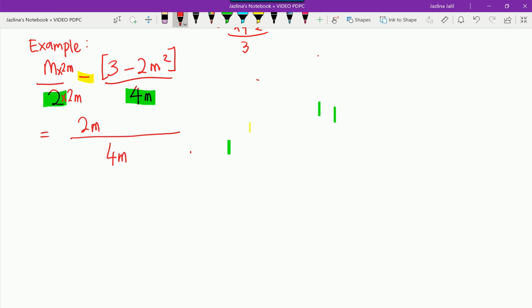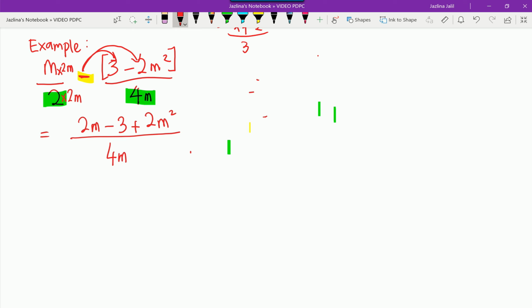Because you have to multiply the operation outside the bracket with the numbers inside. So here negative times 3 will be negative 3, and this negative also you must multiply with negative 2m square, so it will be positive 2m square. This is actually the common mistake. They usually forget to multiply negative and negative.